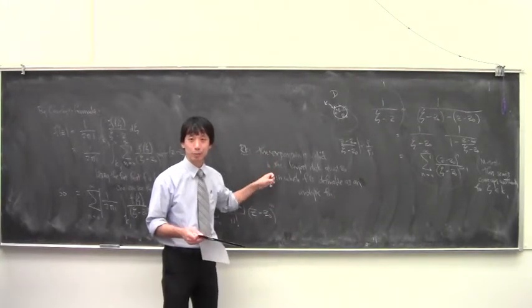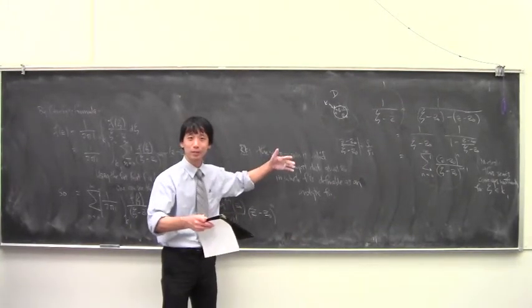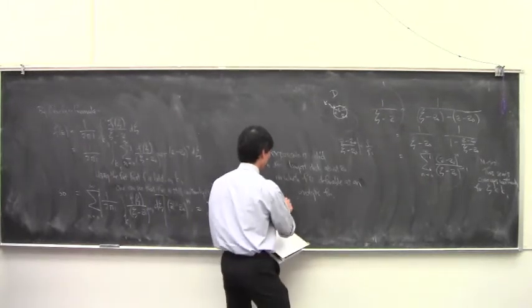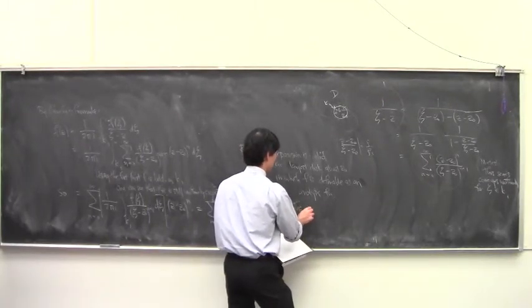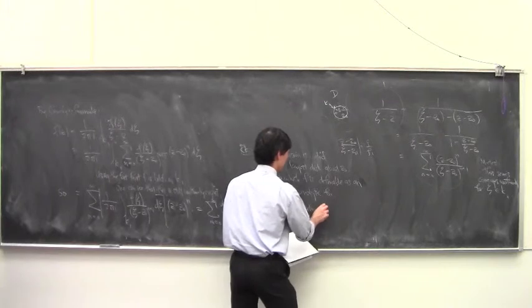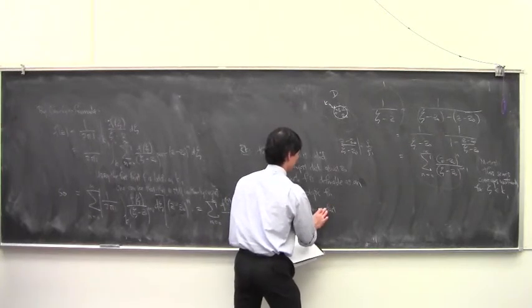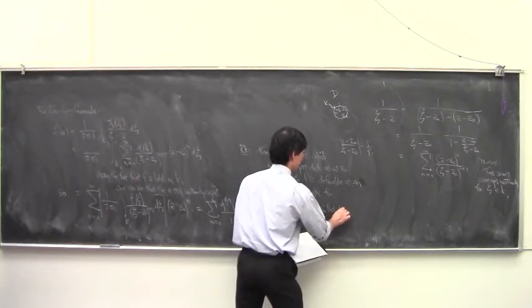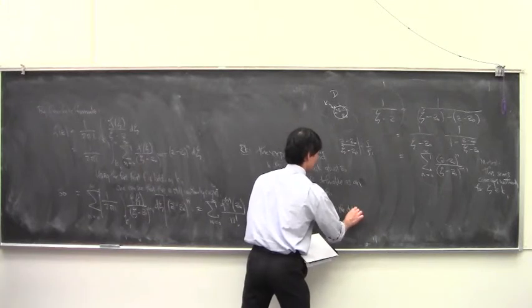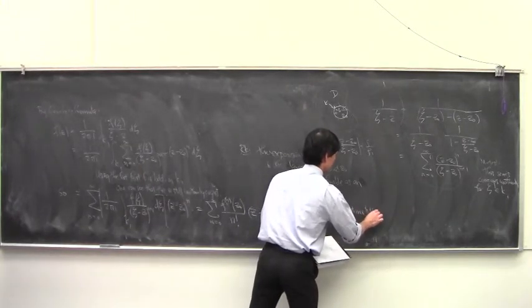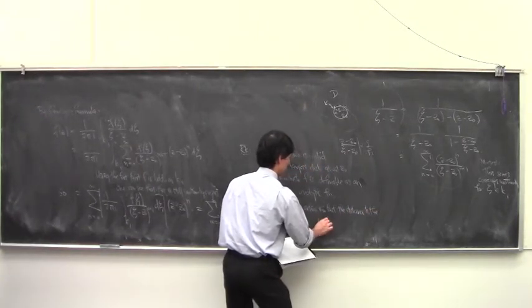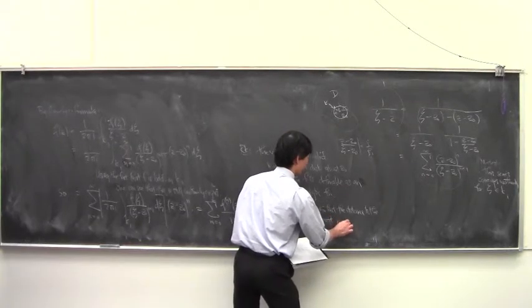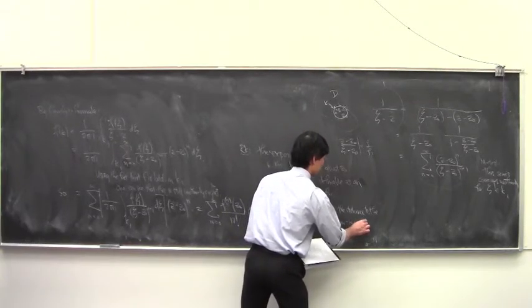If that singularity is removable, you can keep on expanding your disk. Right. So the radius is in fact the distance to the nearest non-removable singularity.